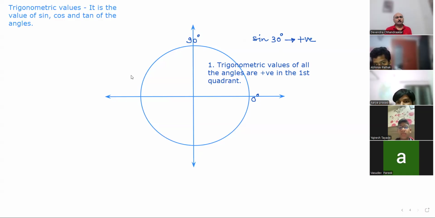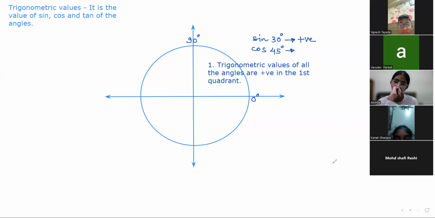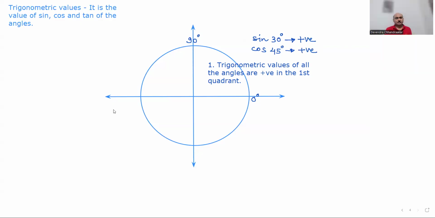Similarly, cos 30 degrees, cos 45 degrees, positive or negative? क्या होगा यजनेश, पॉजिटिव और नेगेटिव cos 45? Sir, it will be positive. वेरी गुड कनक, it will be positive. ठीक है. So this is the rule for the first quadrant.